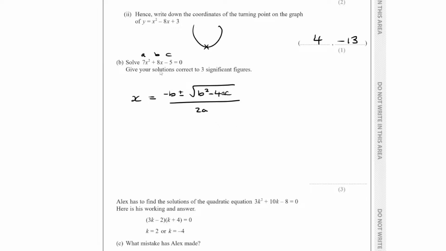So a is 7, b is 8, c is -5. Remember there's a negative there. So you just literally write it. Negative b would become -8. b squared is 8 squared minus 4 times a, which is 7, times c, and don't forget that is a negative, over 2 times 7. That's what you're going to type into your calculator, obviously plus and then minus.